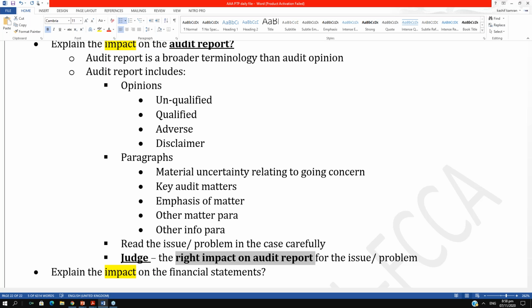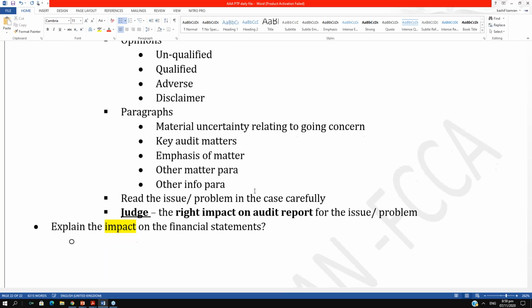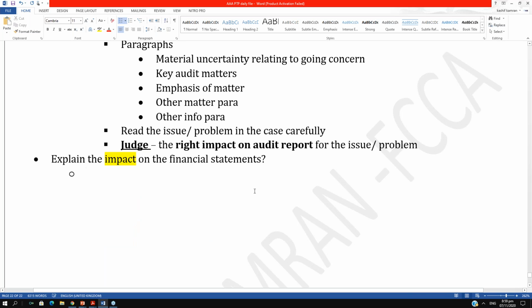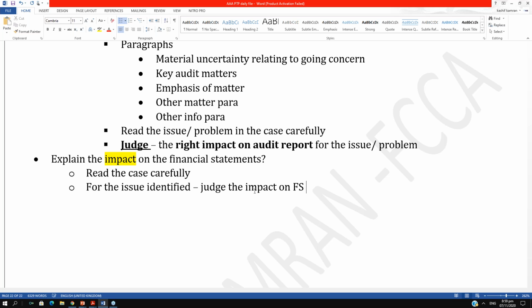Okay, the last thing, impact on the financial statements. Is the examiner asking for the impact on opinion? Is the examiner asking for the impact on report? No, the examiner is asking for the impact on the financial statements. So read the case carefully, and for the issue identified, judge the impact on financial statements.